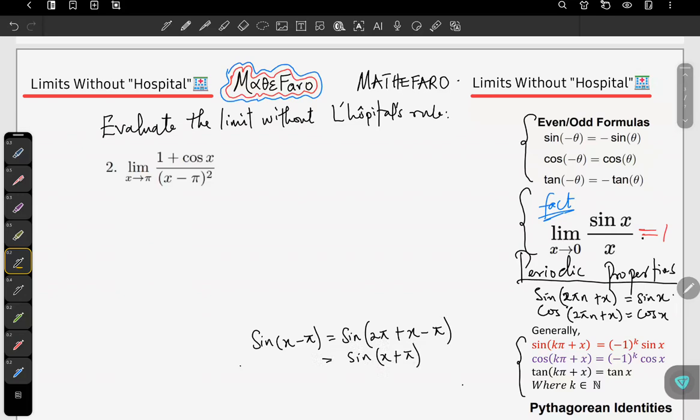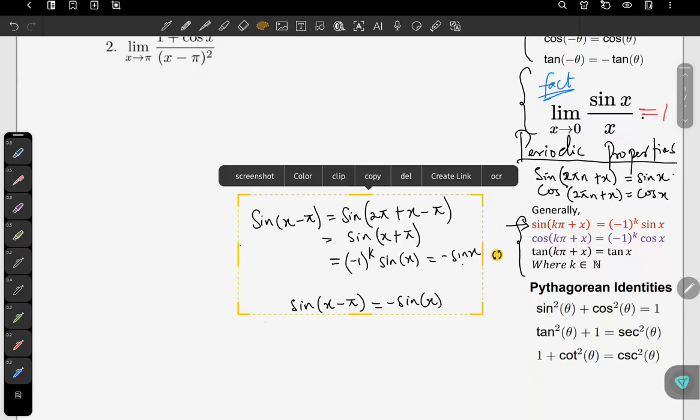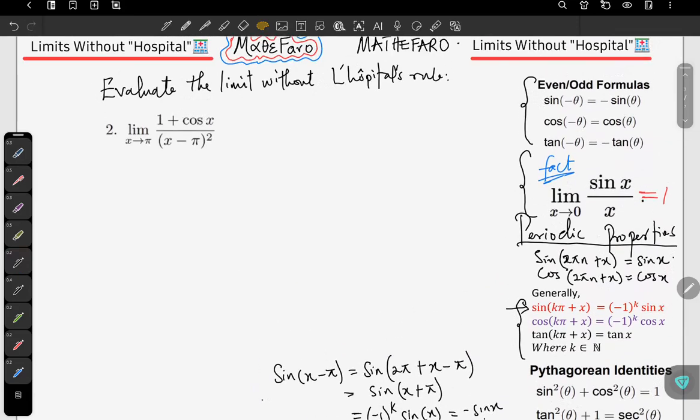Using what we have in the first item here, that will give us (minus 1) raised to power k of sine x, and that is equal to minus sine x. So in other words, a new identity that we need here is that sine of (x minus pi) is equal to negative of sine x.